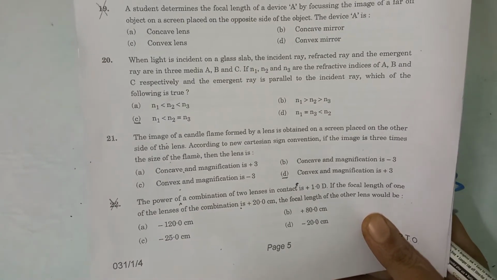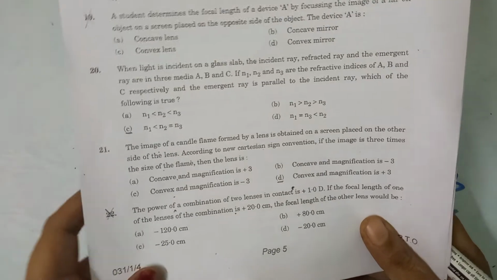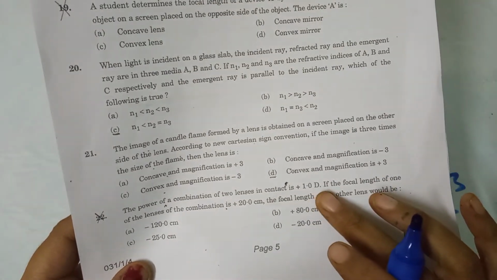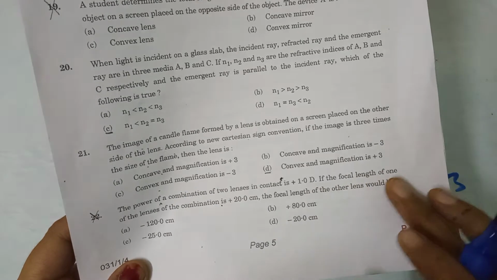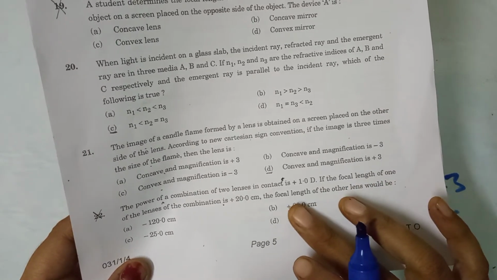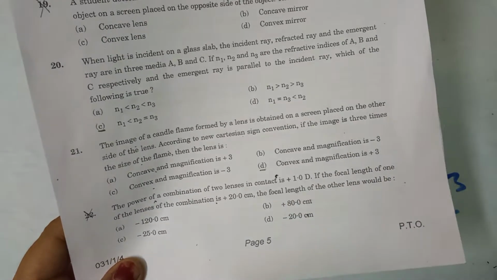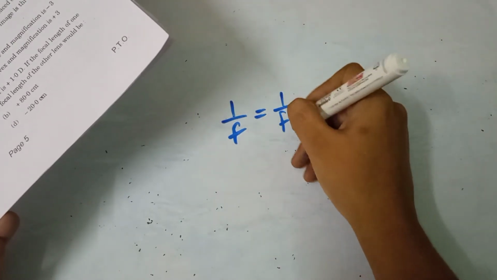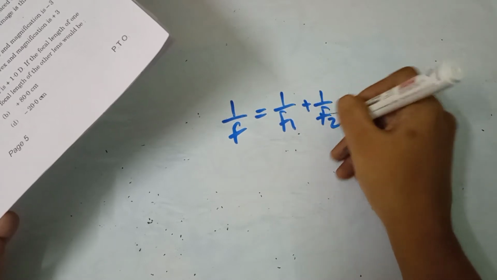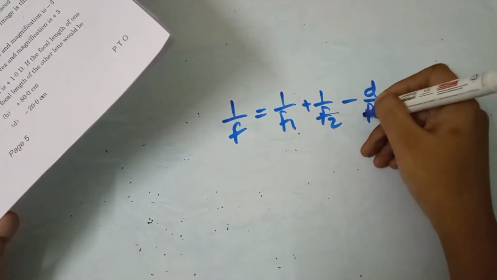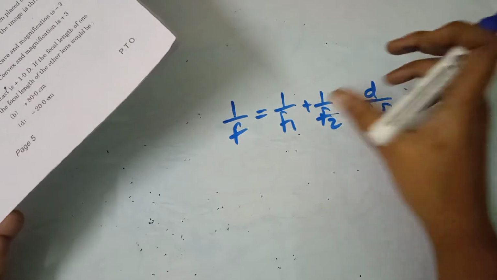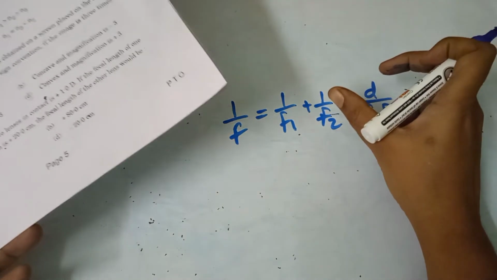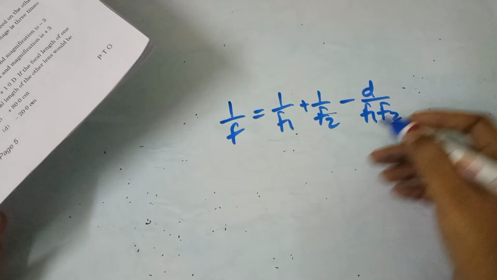In the 22nd question, the power of a combination of two lenses in contact is 1 dioptre. If the focal length of one of the lenses of the combination is plus 20 centimeter, the focal length of the other lens would be. We know the formula for a combination of lenses is 1 by F is equal to 1 by F1 plus 1 by F2 minus D by F1 F2, where D is the distance between the two lenses.